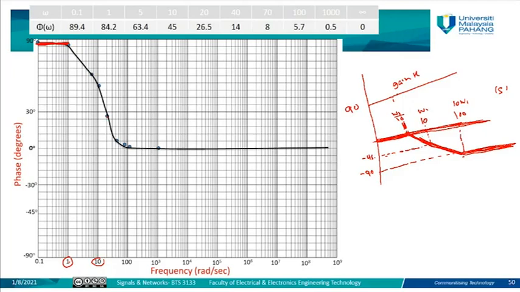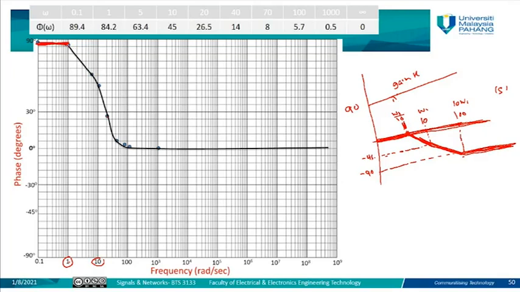That means this will not continue to be 90. At this point here, no more 90 because we have another point. The line will go with this slope of negative 45.